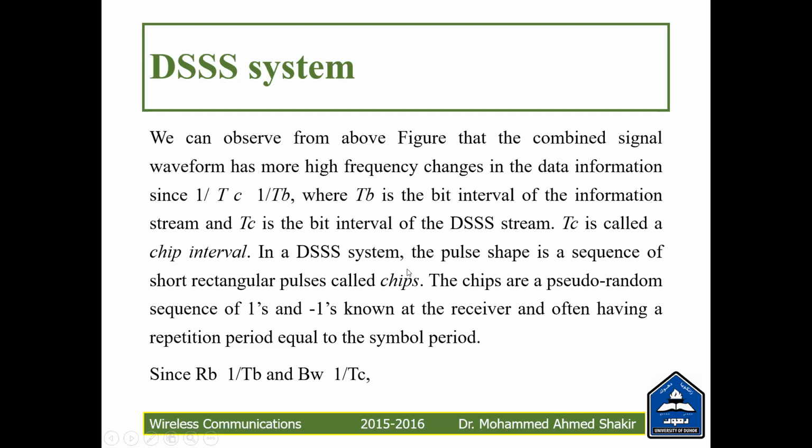In the direct sequence spread spectrum system, the pulse shape is a sequence of short rectangular pulses called chips. Now, the chips are a pseudo-random sequence of 1s and -1s. We don't have 1 and 0, we have 1 and -1, known at the receiver and often having repetition period equal to the symbol period.